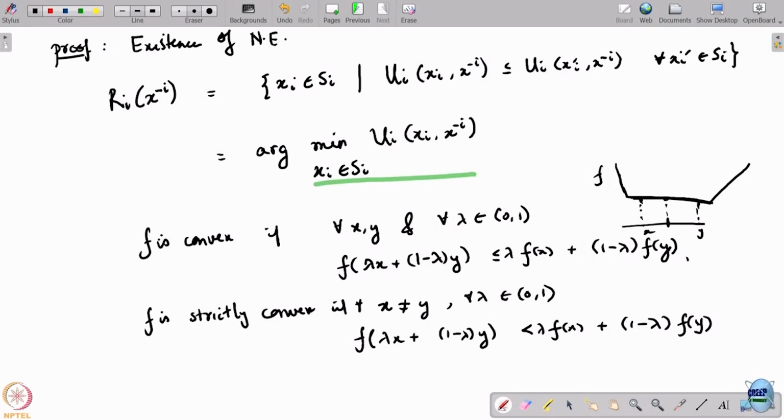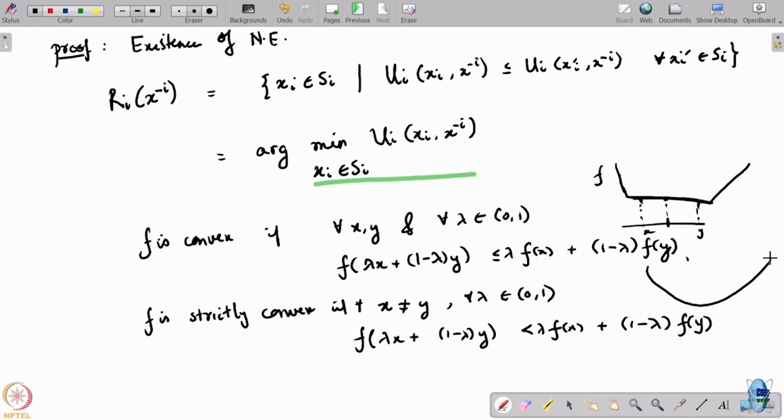That is because the function on that segment is linear, but a strictly convex function will not have such regions. A strictly convex function will look something like this, there will never be any flat region along any direction that you look at.